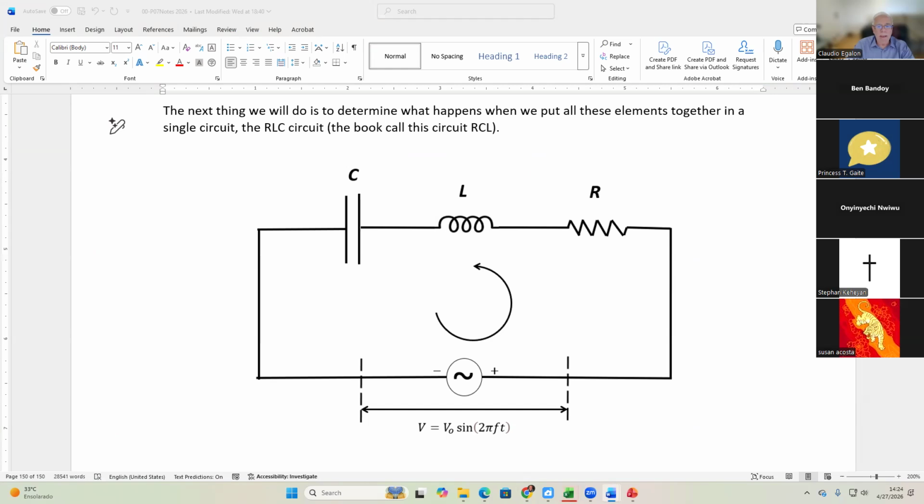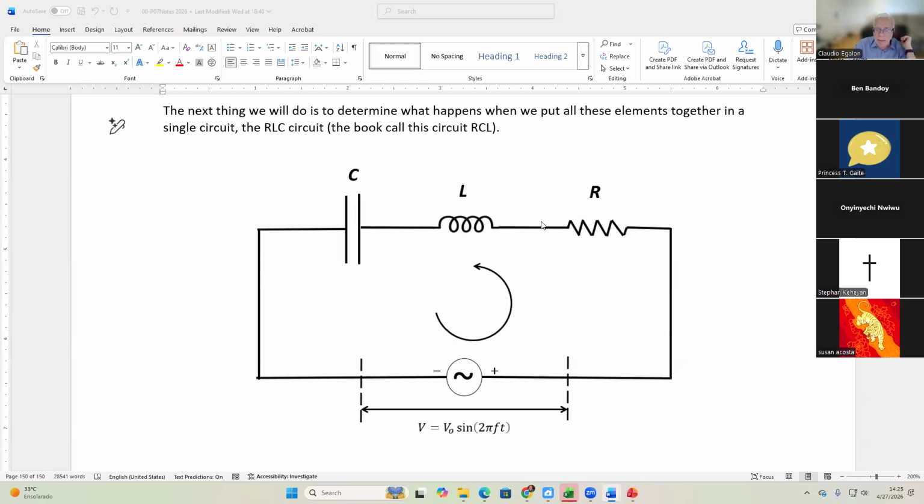Okay? In this circuit, it's very important. Why are we doing that with respect to the current? There's a very good reason. The reason is that the current must have continuity throughout the whole circuit. You cannot have one current that has one phase for the resistance and another current that has another phase for the inductor. You cannot have it, okay?